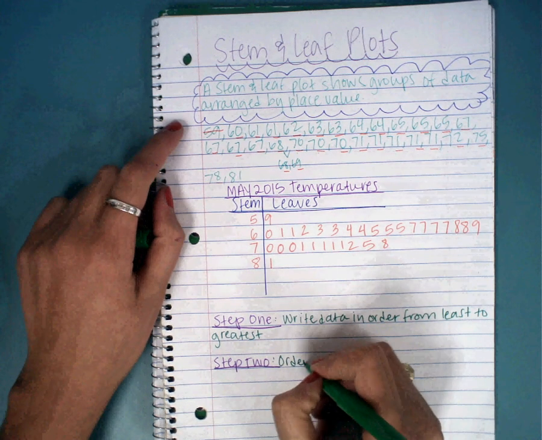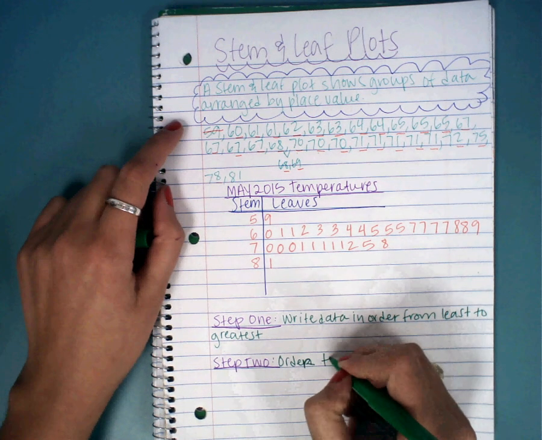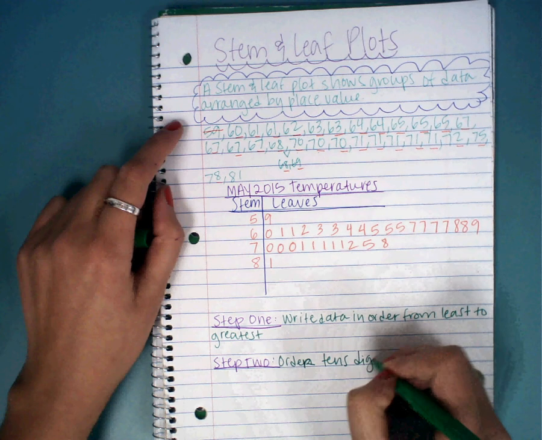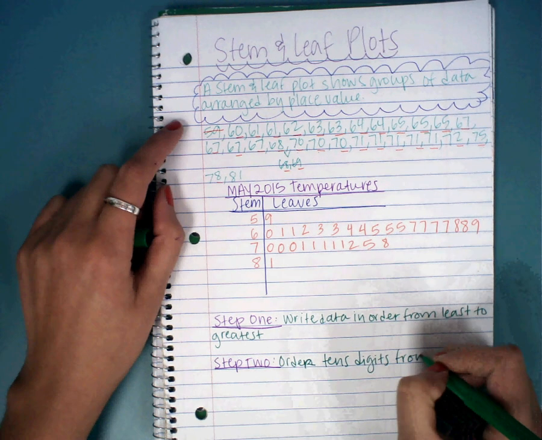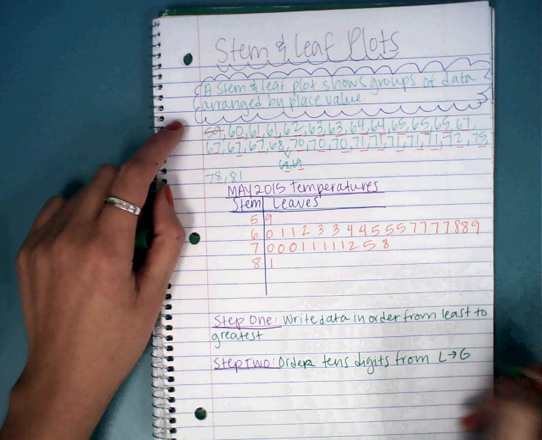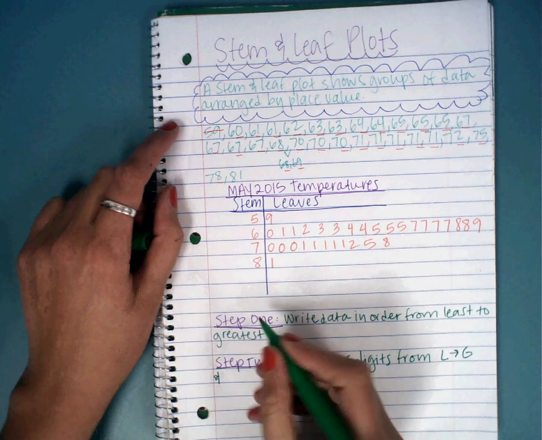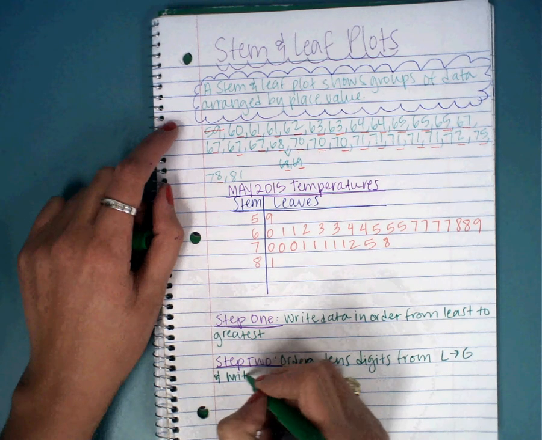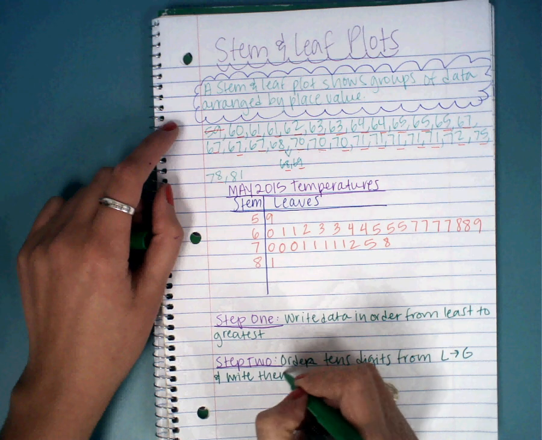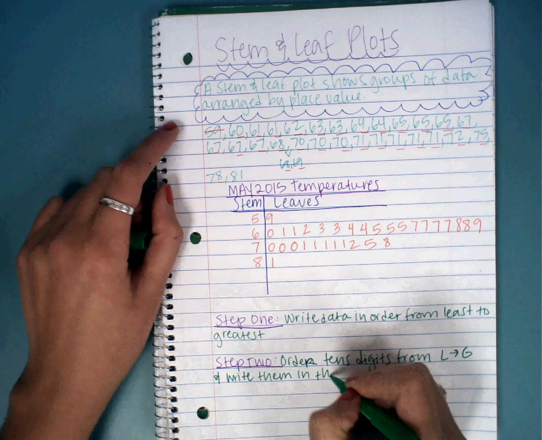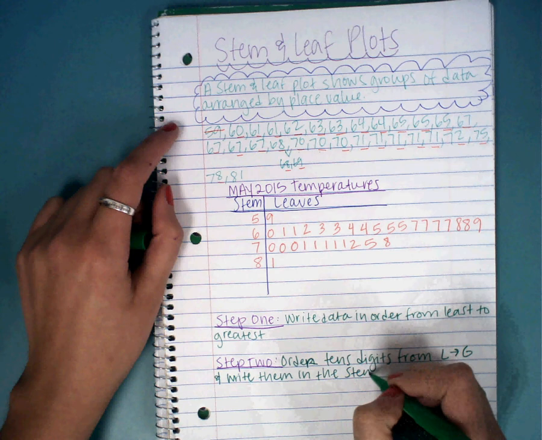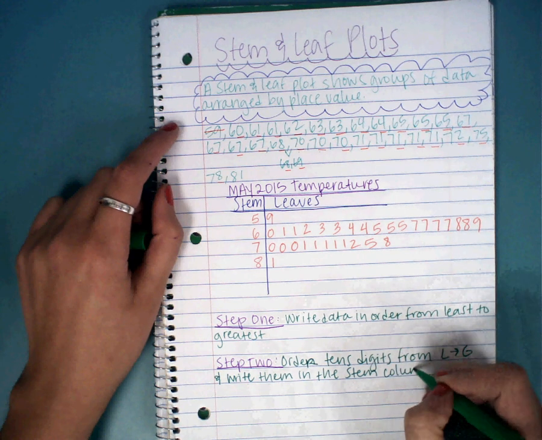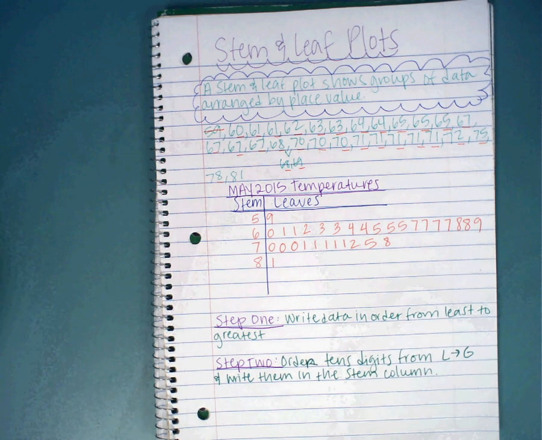Order tens digits from least to greatest and write them in the STEM column. Okay?